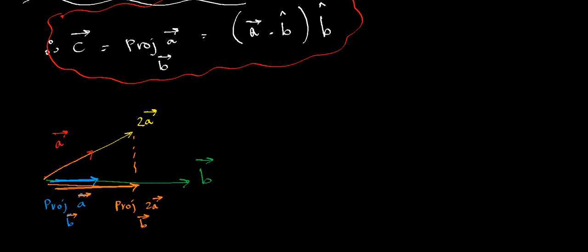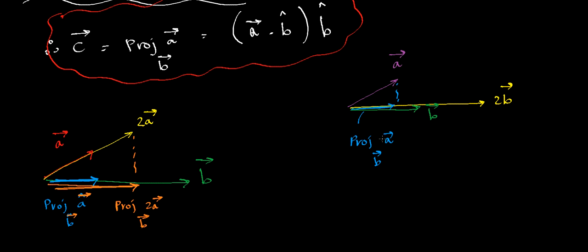However, if we increase the magnitude of B, so let's say this is vector A, this is vector 2B, and this is vector B, the projection of A onto B is going to be this vector over here, which is also going to be the projection of A onto 2B.